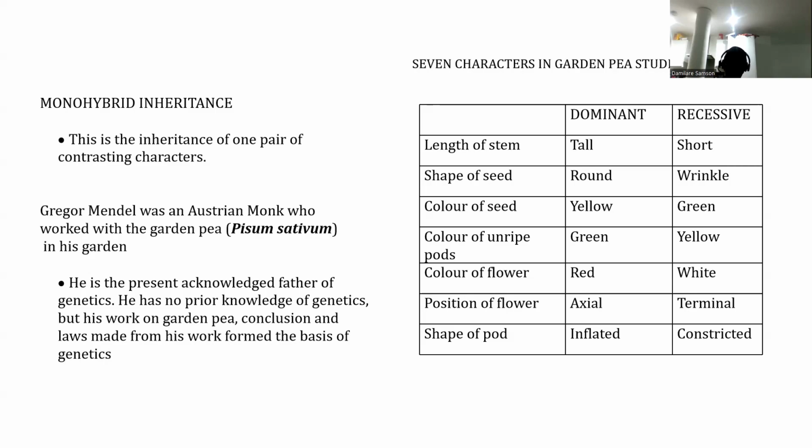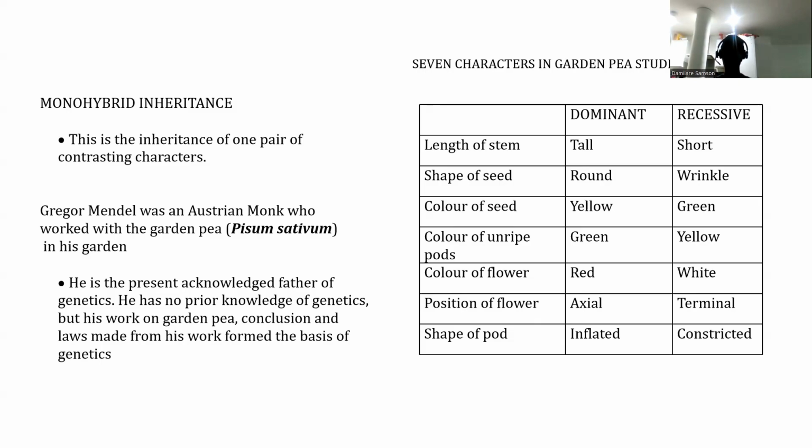What are we trying to say? Let me bring it to the human kingdom. We have a lot of characteristics in humans too: the shape of your nose, the type of eyeball, the hair color, the mouth shape, the type of ear, and a lot of other things.